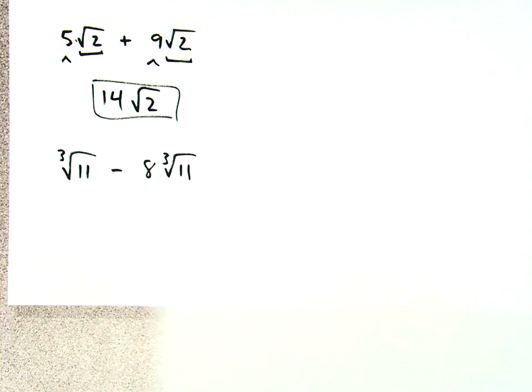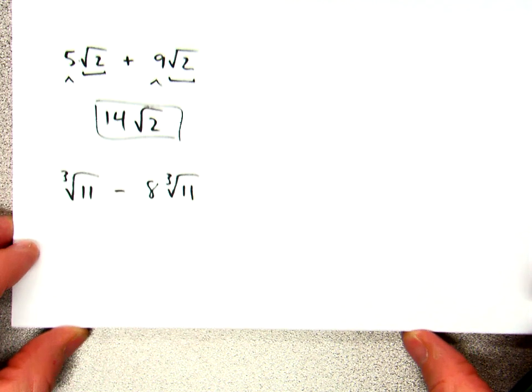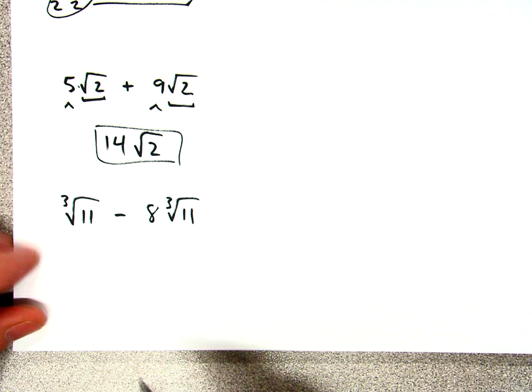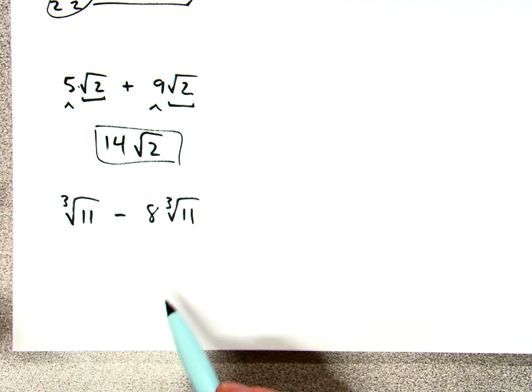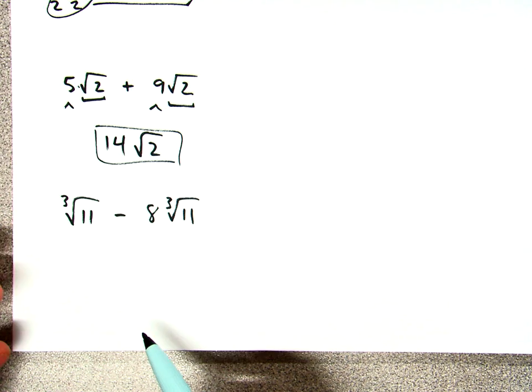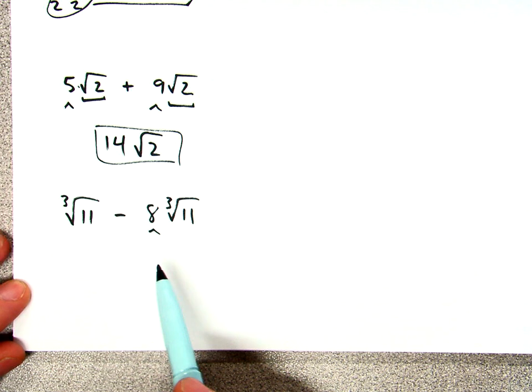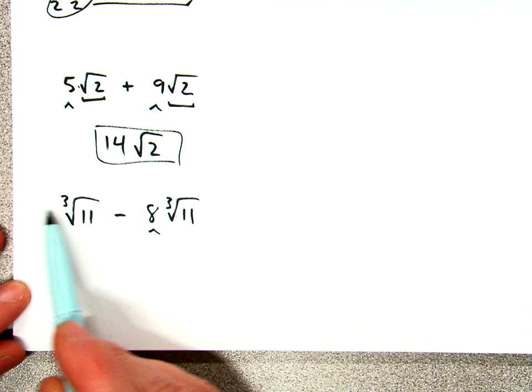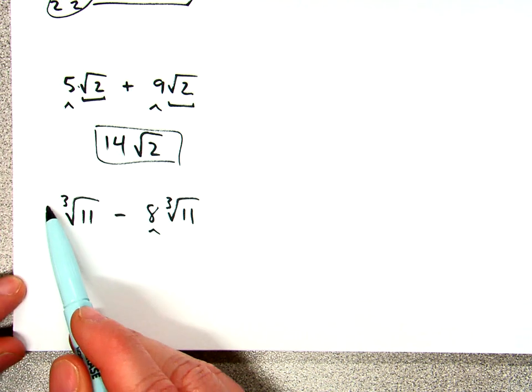Right? So same thing if this was a cube root. Again, the roots need to be identical in order to add them together. Now here, there's 8 of them. Here, there's no coefficient, but you can always think of it as a 1 if you wanted to.